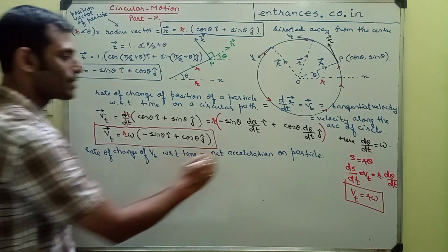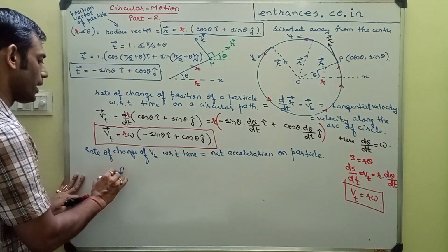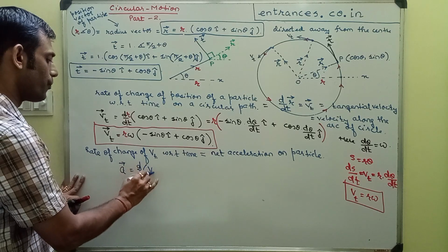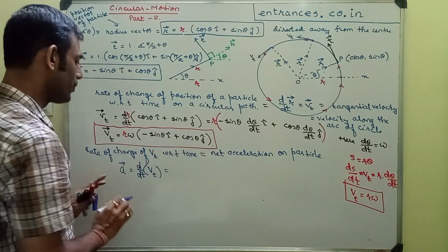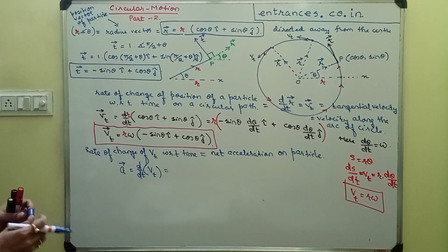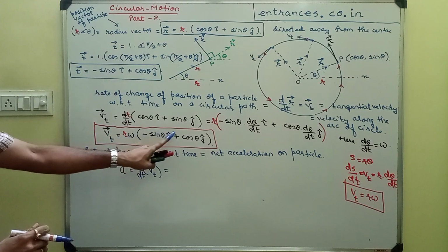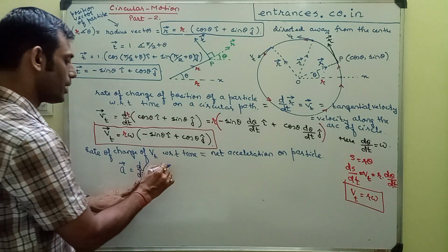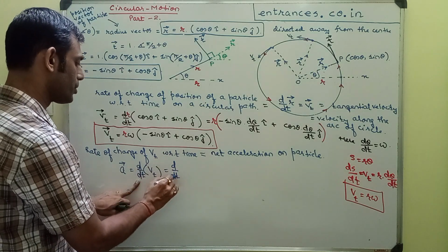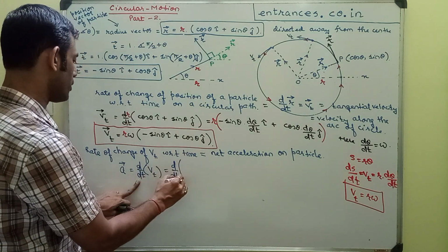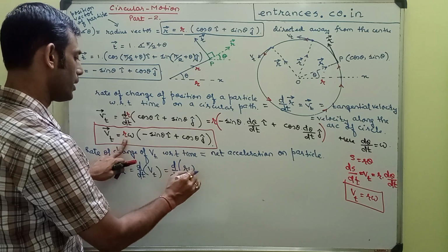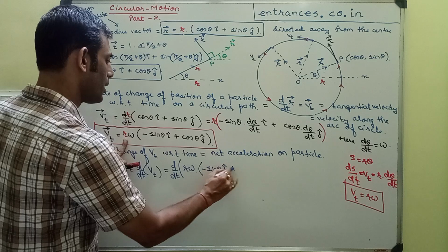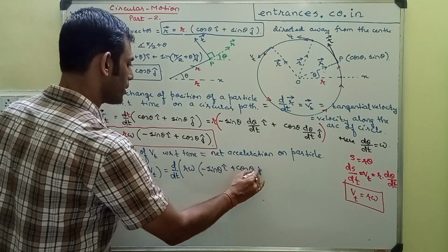So the acceleration I will define as a vector, equal to d dt of Vt, and then we will calculate the derivative of this. Now here is a mathematical challenge. You have to differentiate r omega into minus sine theta i cap plus cos theta j cap.